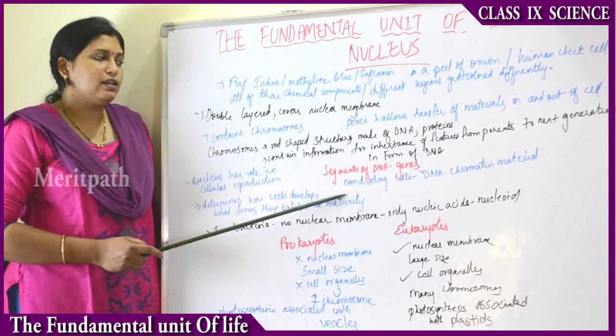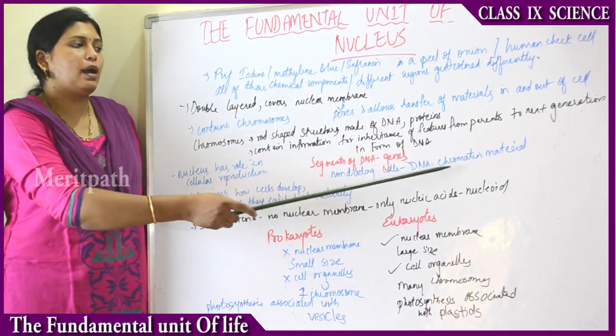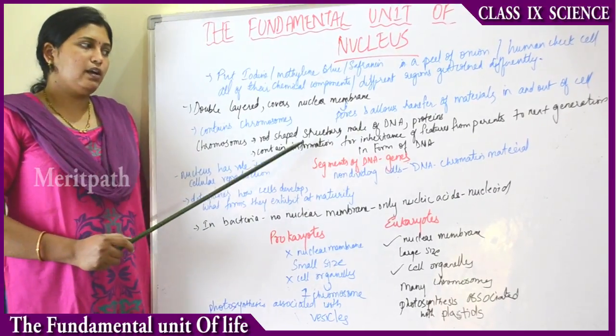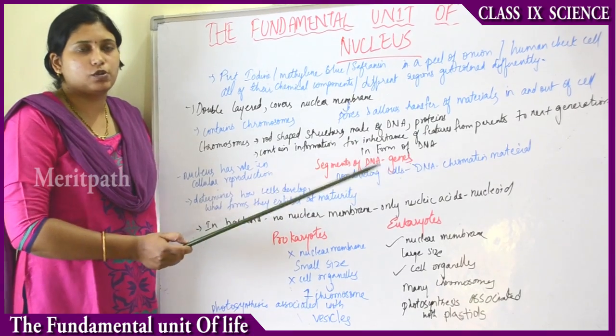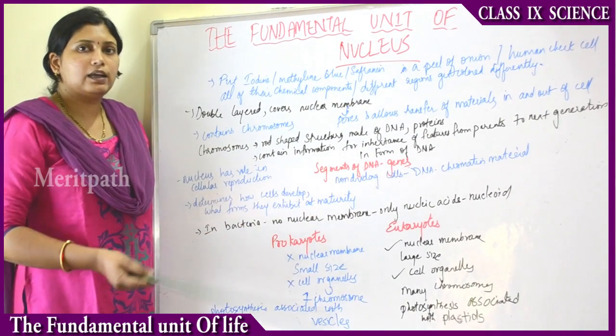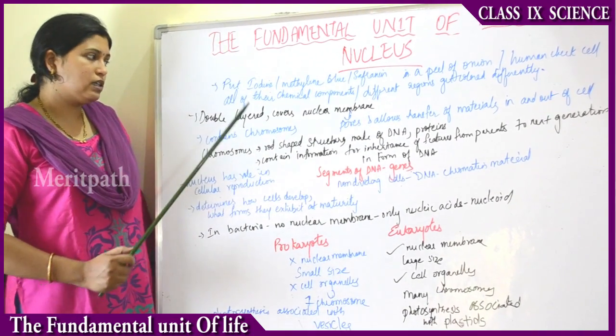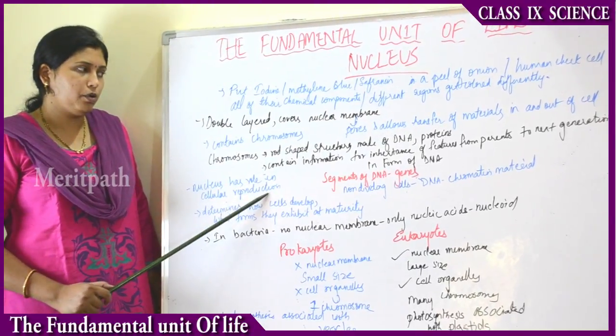In non-dividing cells, DNA is present as chromatin material. But when they reach the reproductive stage, this chromatin material gets converted into chromosomes. Then this nucleus has a role in cellular reproduction, definitely.